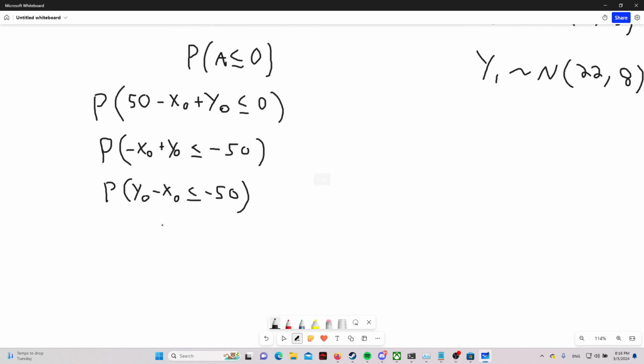And what to think about here is that this is a special case of a convolution. It's not really a special case, but if you have a sum of random variables, so if you had x0 plus x1 plus whatever plus xn, this is usually called a convolution, where you are summing a bunch of random variables.